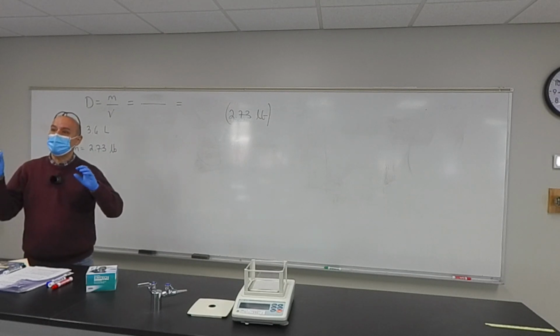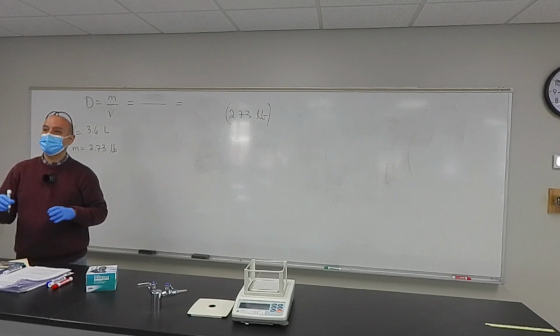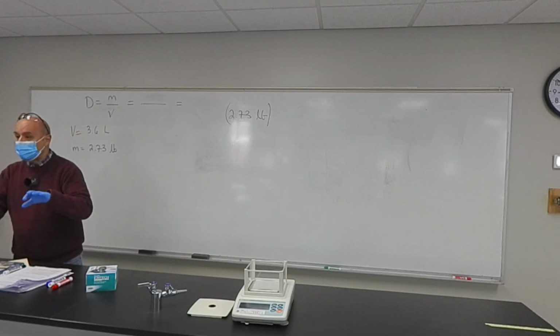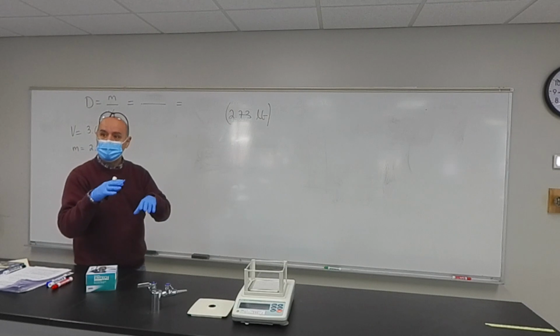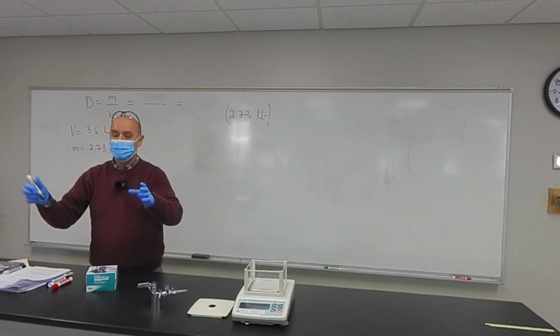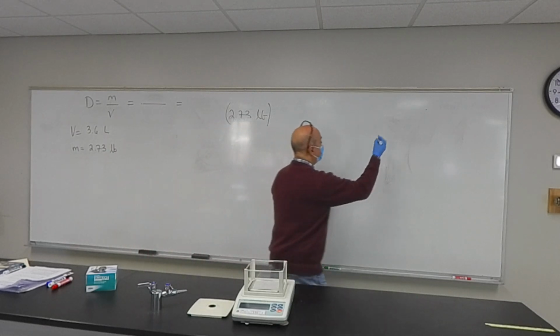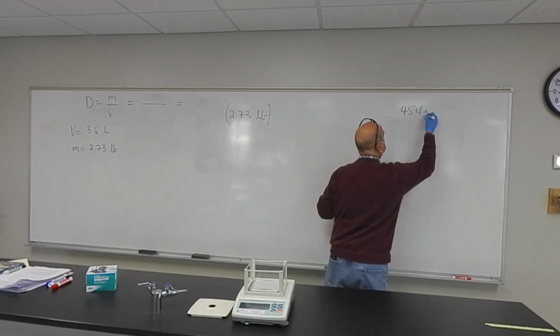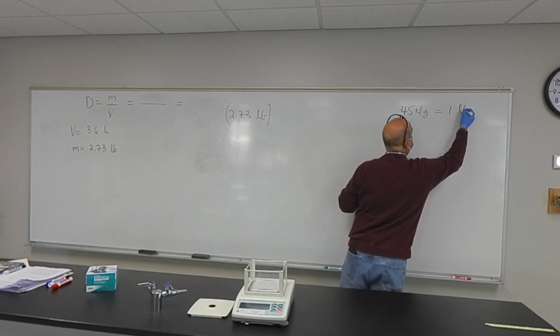I'm just going to go with an easy one, 454 grams to a pound. If you Google it right now, or search the internet for it, it may say 453 point something something. Let's just go with this equality: 454 grams are equal to 1 pound.